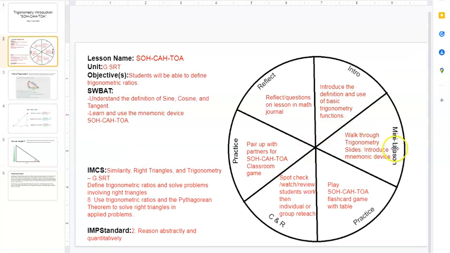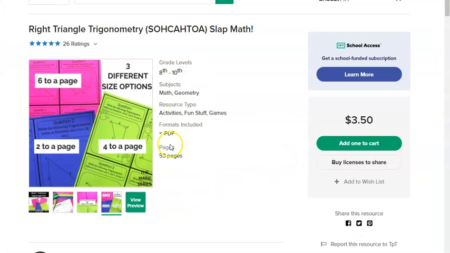So that would be my mini lesson, and it was quick and dirty. It would probably take longer when I'm working with the students. We'd work through a few more problems. The next thing I would have them do is, at their tables, 3 or 4 people, play a flashcard game. There are some different games out there. This is one I found on Teachers Pay Teachers.